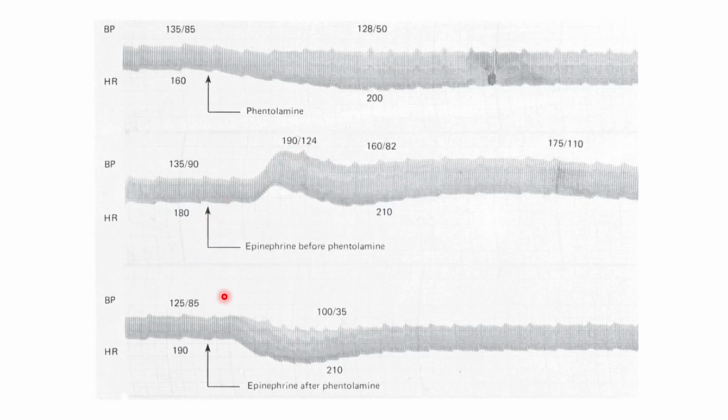The third diagram is epinephrine after phentolamine, and we see that the same epinephrine will now increase the heart rate and decrease the blood pressure.